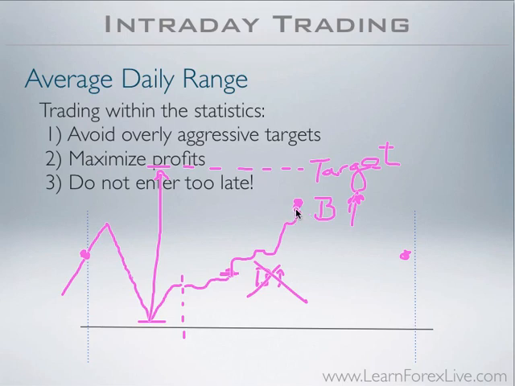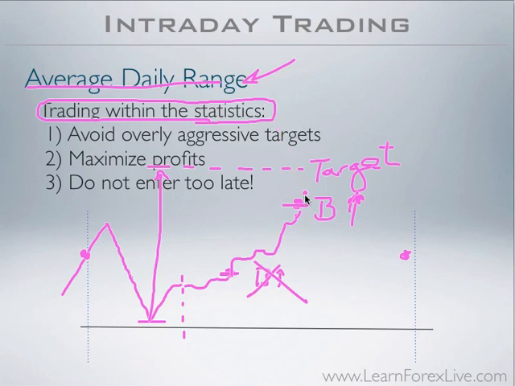Well, here's the thing. Please remember that the average daily range is all about trading within what's statistically feasible. We want to trade within the statistics. So if we take our entry there and the potential target, the potential exhaustion point for this currency pair, please mind that the average daily range simply tracks exhaustion points from a statistical point of view.